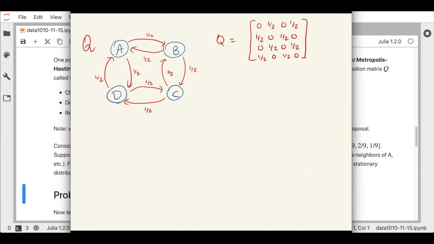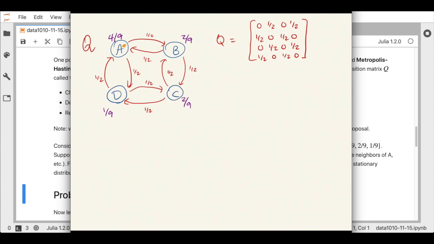So our desired limiting distribution is 4/9, 2/9, 2/9, 1/9. And let's imagine simulating a particular run of this so that we see what's going on. Suppose we happen to start at A, and then the proposer looks at Q and says, let's move to B with probability a half and to D with probability a half.